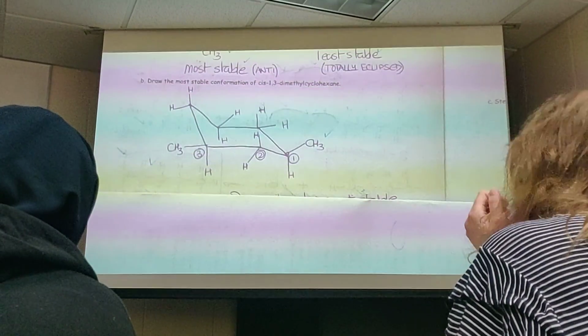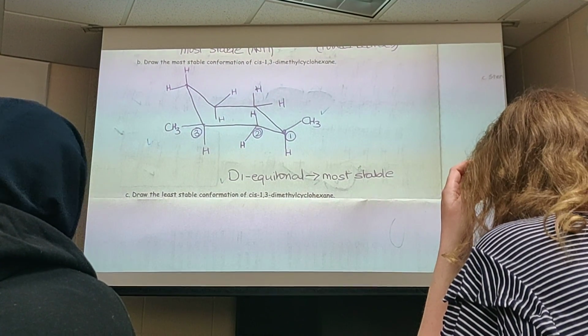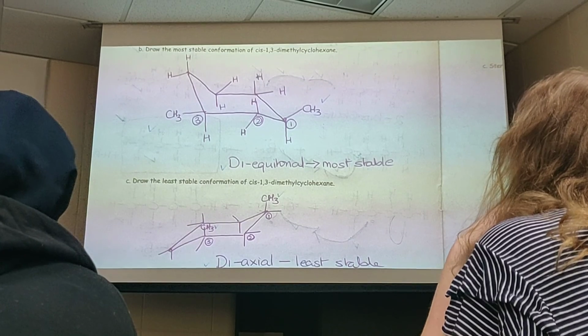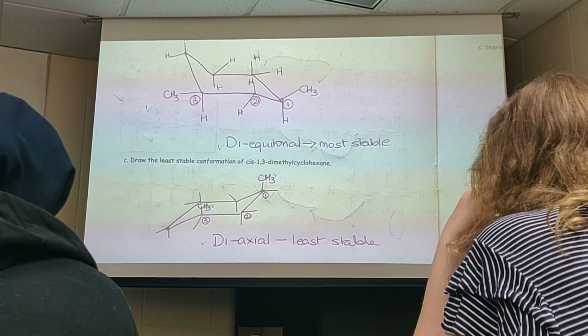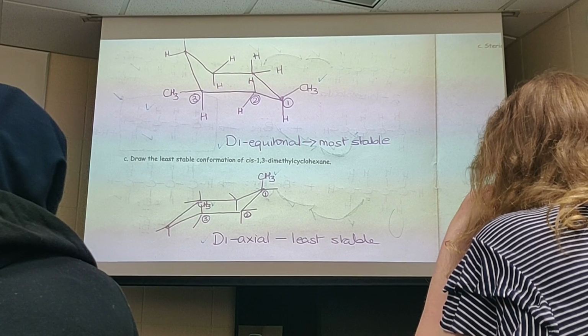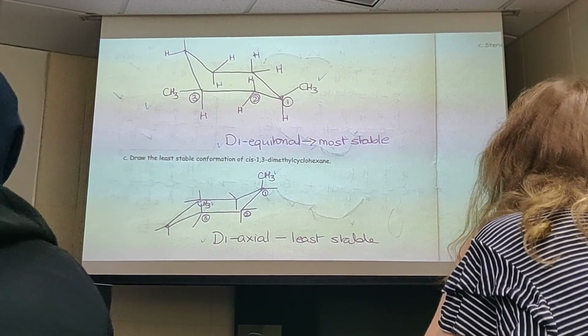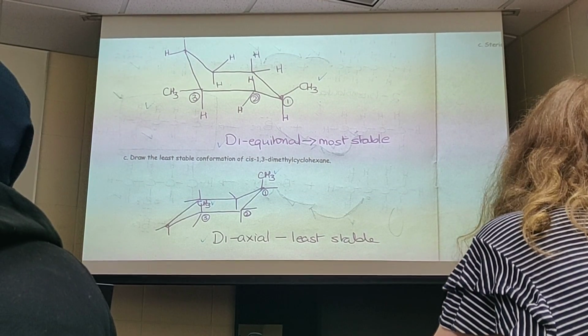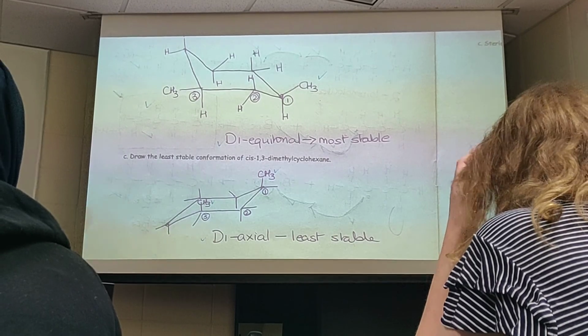Remember that your most stable is your di-equatorial, and the least stable is the diaxial. And if you have an axial equatorial, when they flip, they're going to be equivalent energy.